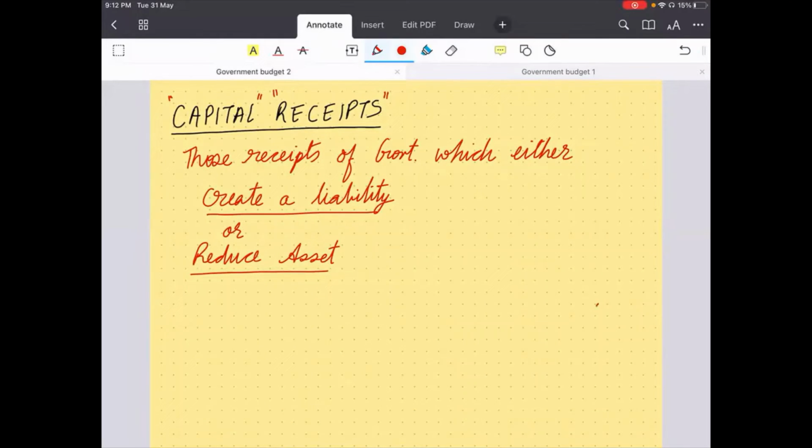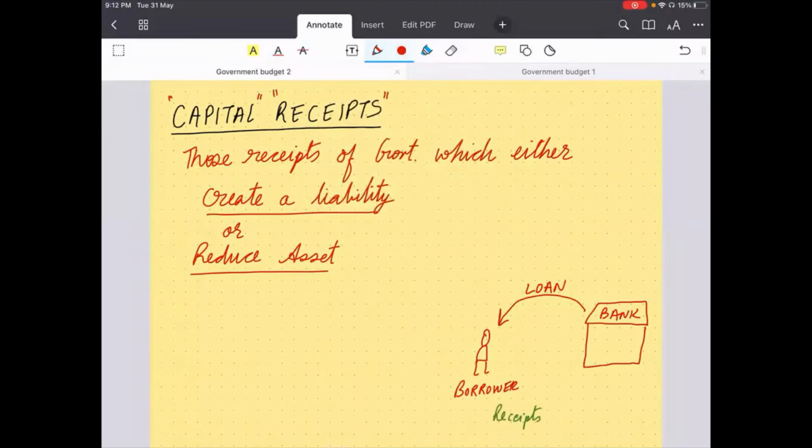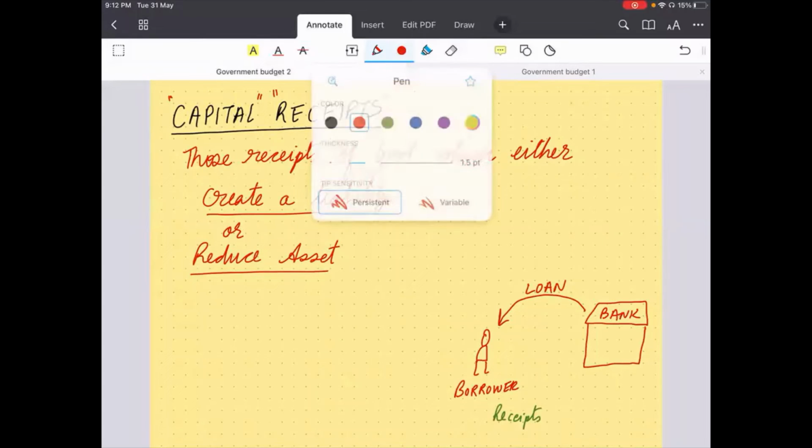So for example, here is a bank, and there is a person who is a borrower. Now this particular borrower is taking a loan, so he is having a receipt, and this receipt is creating a liability for him, right?